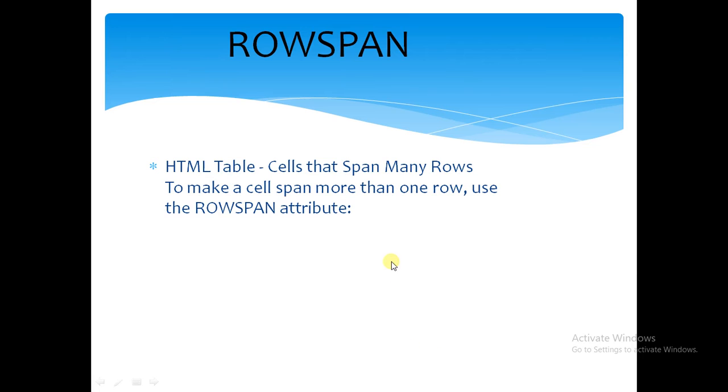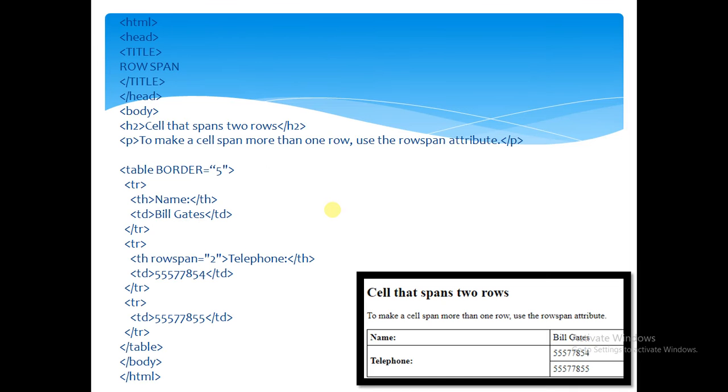Next we discuss rowspan. Rowspan is used to span or merge two or more rows. We discuss some examples. Here we write h2. h2 means heading tag 2, saying span 2 rows. After that we write paragraph tags and we create a table with border equal to 5, and we create a table row.